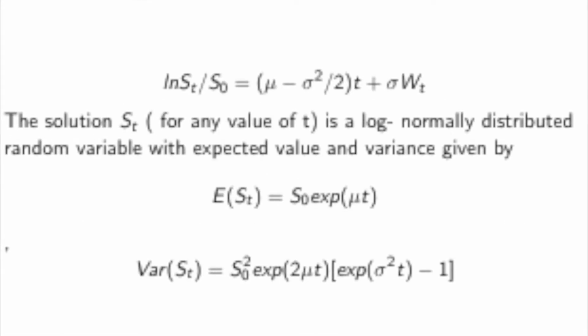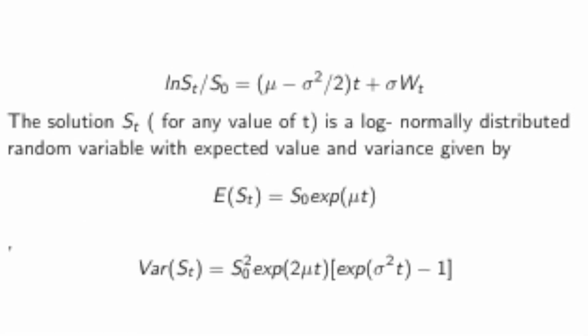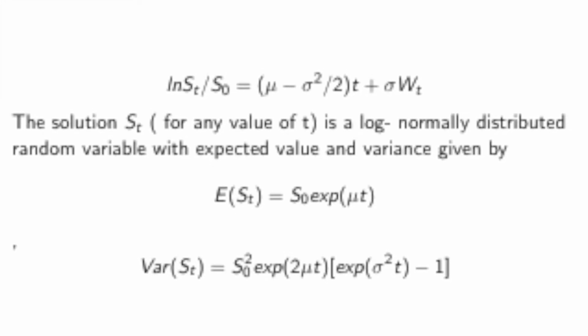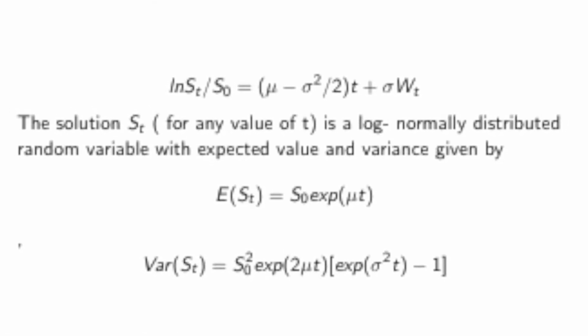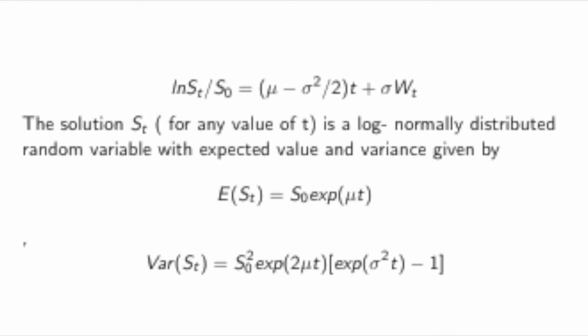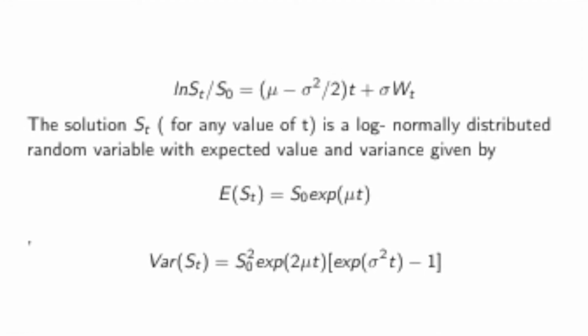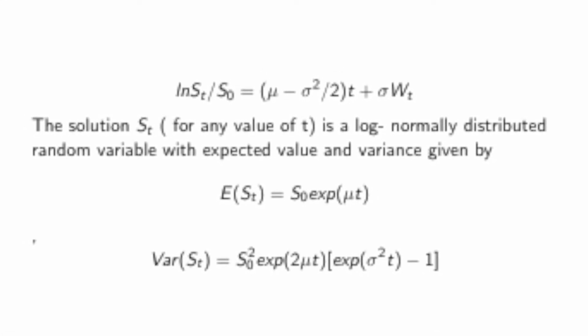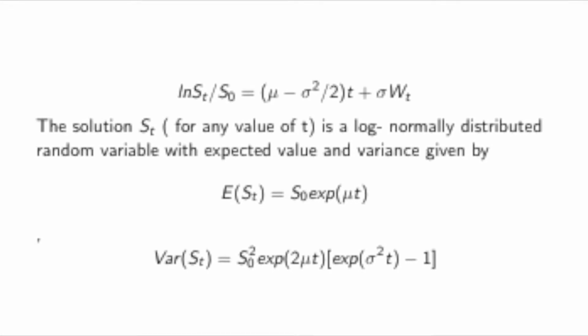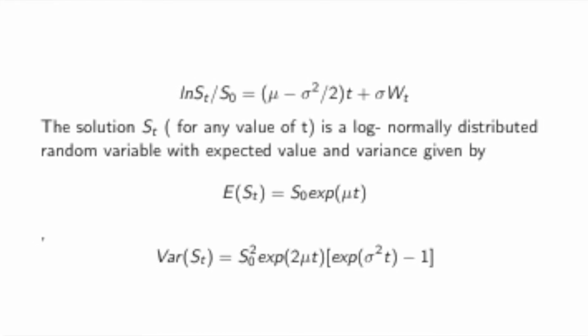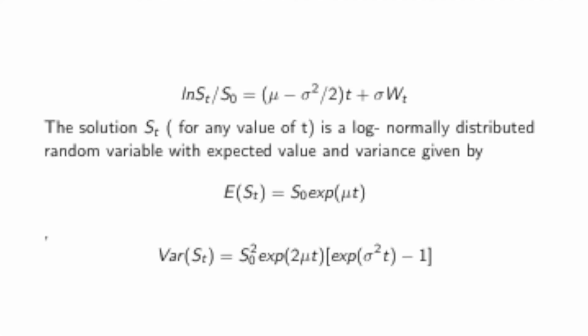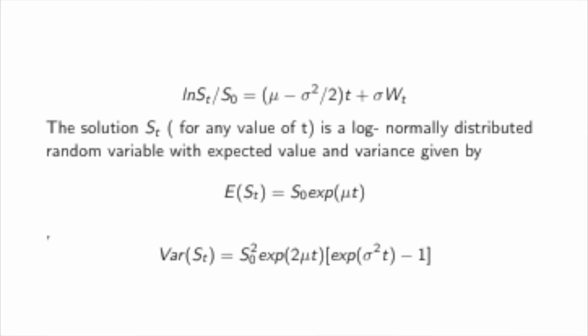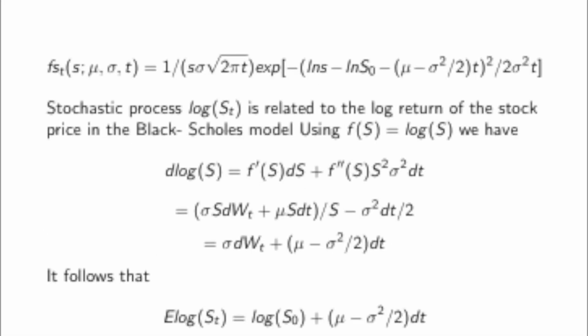The solution S is a log-normally distributed random variable with expected value S0 times exponential mu t, and variance equal to S0 squared times exponential 2 mu t times exponential sigma squared t minus 1.